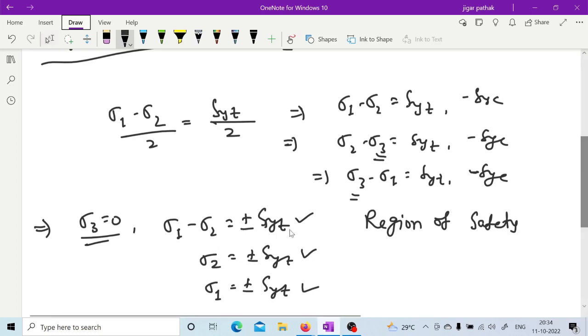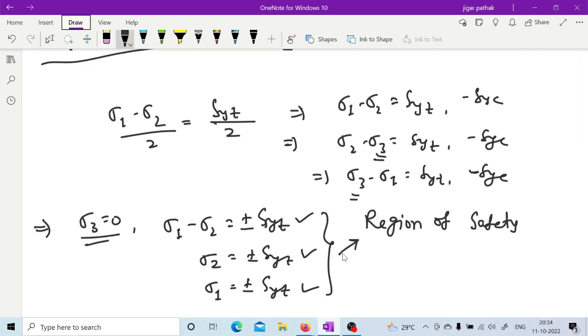So all these equations are going to help in defining this region of safety.